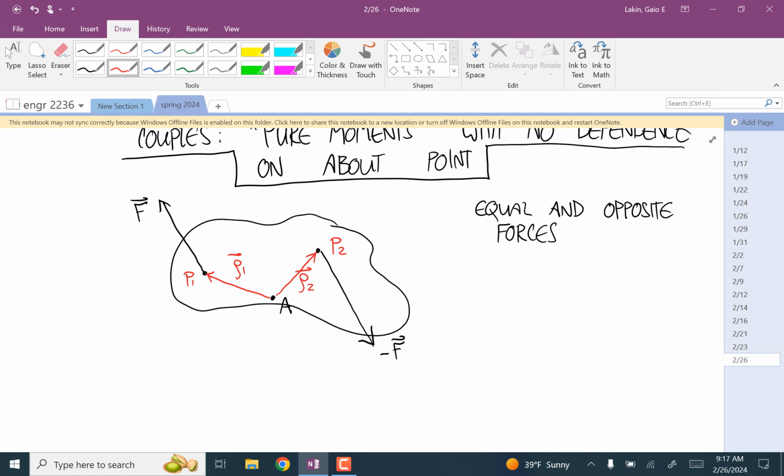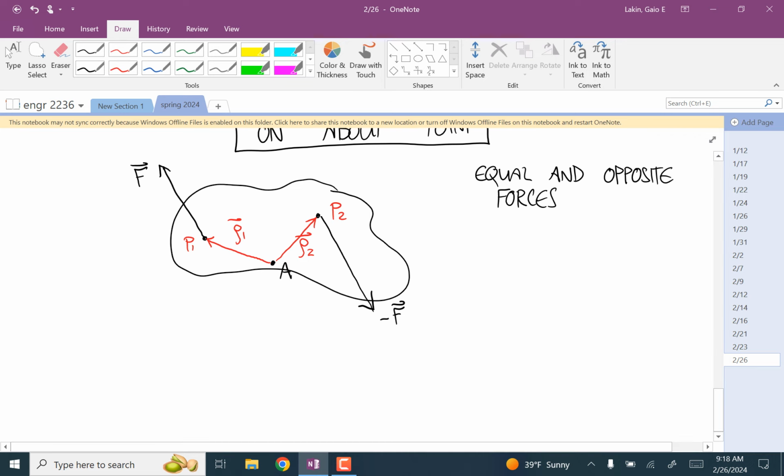And so what I'm going to do, and it's really quick and simple, is calculate the sum of the moments produced by this couple, this pair of equal and opposite forces. And what we're going to see is that the dependence on A is going to cancel out of the problem. And what you're left with is a moment that just doesn't care what the about point is. It's the same everywhere. Okay?